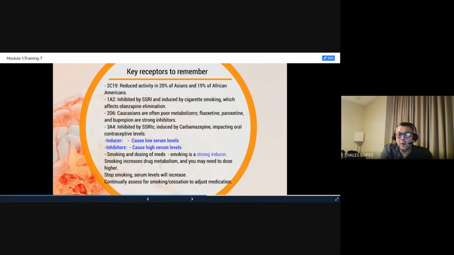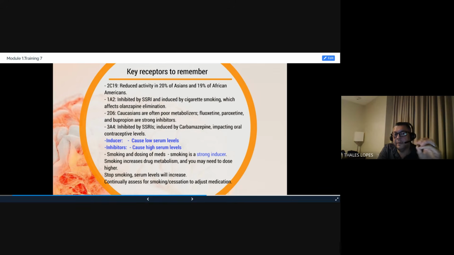Impacting oral contraceptives. We just saw that carbamazepine is an inducer, so because you now have carbamazepine on board, the oral contraceptive may be less effective. Inducers cause less serum level of the medication, less available. Inhibitors cause more of the medication available, thus at risk of toxicity.